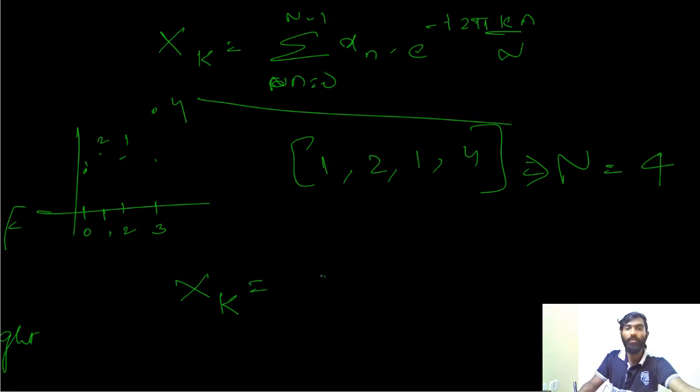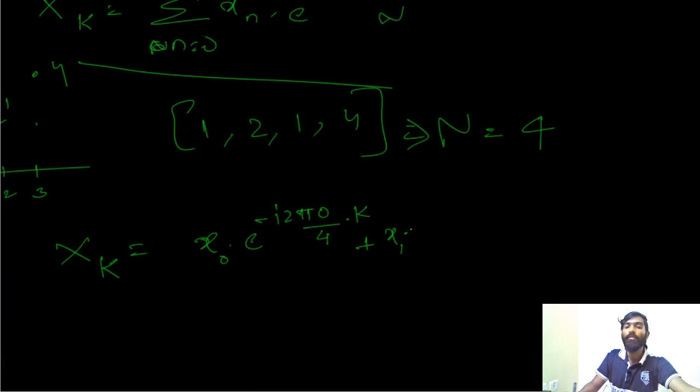It's a summation of x0, where n equals 0, into e power minus i 2 pi times 0 by capital N, which is 4, into k, plus the same thing for x1 with n equals 1, so e power minus i 2 pi 1 by 4 into k, plus x2 into e power minus i 2 pi 2 by 4 into k, plus so on.